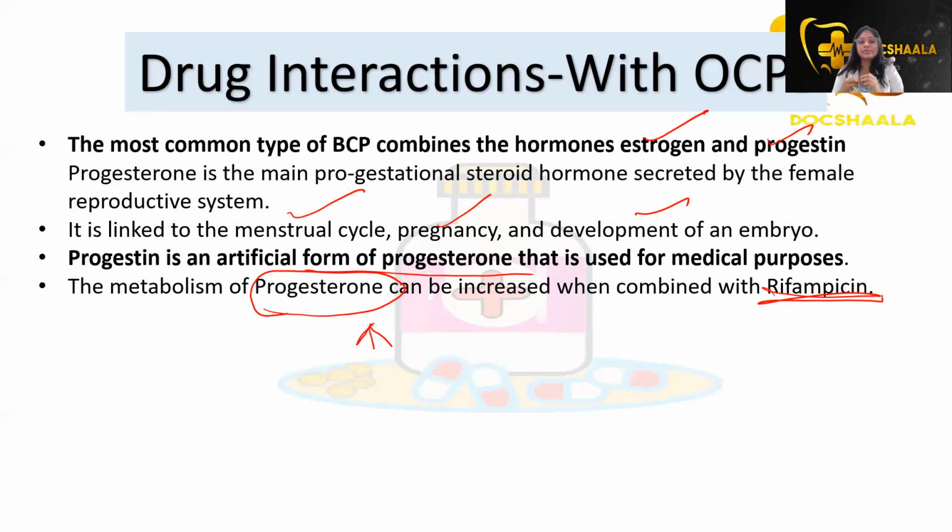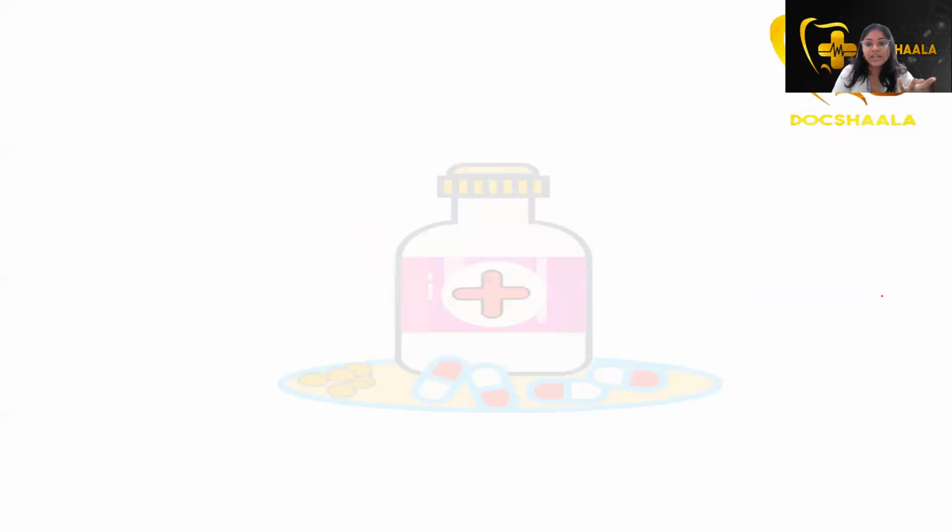So when we give it during these times, naturally it is already spiked, and combined with the artificial spiking it will spike double the dosage, so there will be a side effect. So what is the side effect? Let's see that.